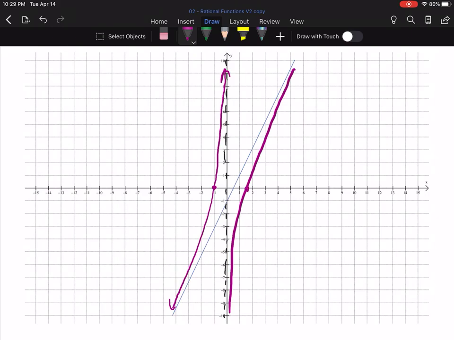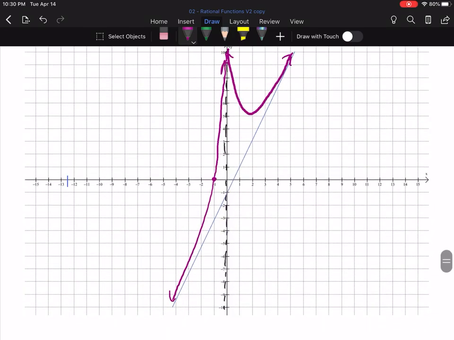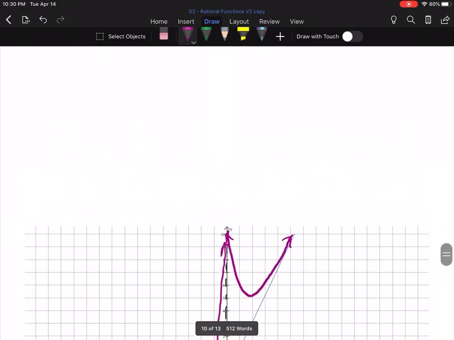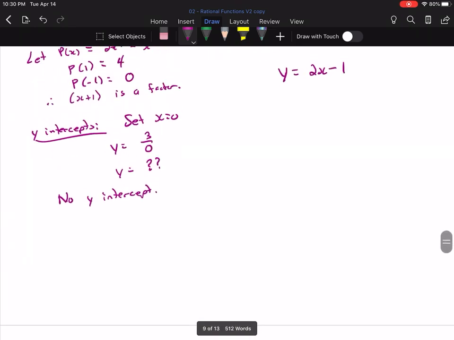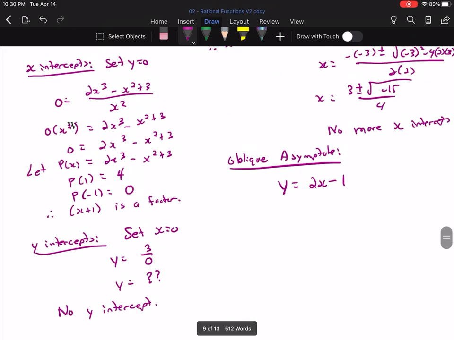I know that can't be the case because I would get another x-intercept, and I found out there were no more x-intercepts. That is not going to work. So it's got to approach this vertical asymptote from here, not get down to an x-intercept, and then approach this oblique there. If you buy that thinking, great, you're done. Great job, you've done the whole graph. Wonderful. If you don't buy that thinking, I'm going to be able to do the analysis of where this is positive and negative, and I'll show you how to do that in the next example.